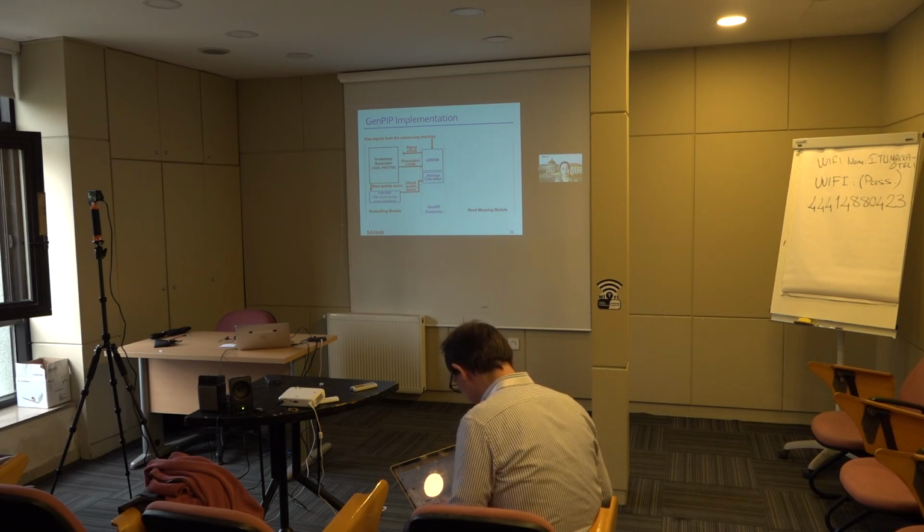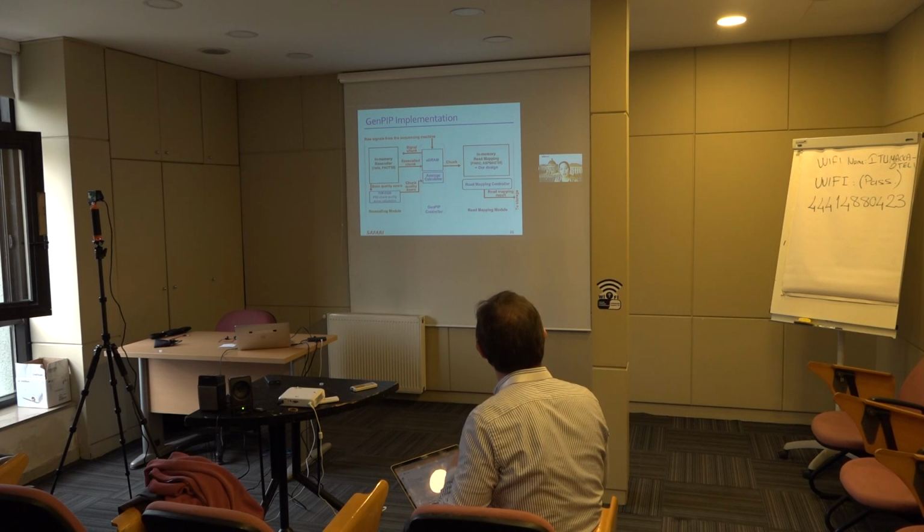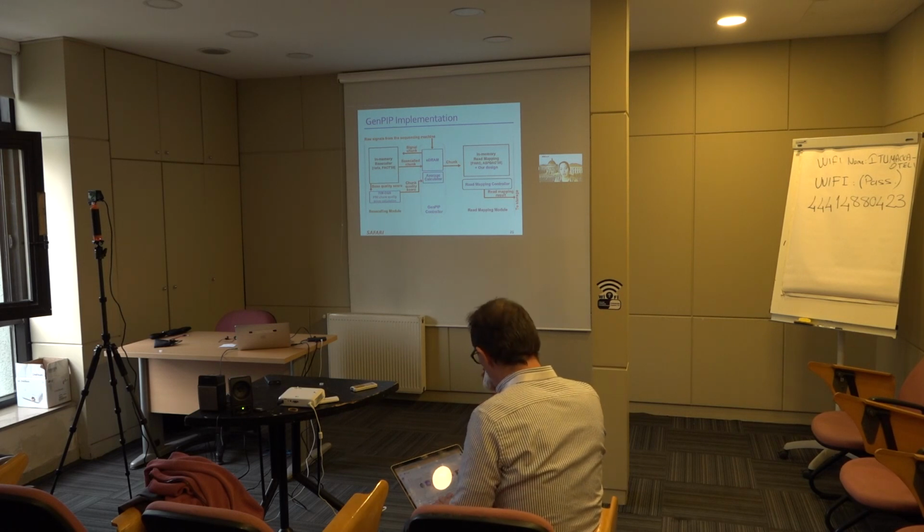Then we send the base quality chunk, the base called chunk along with the chunk quality score to the GenPIP controller. And after that, we send the chunk to the in-memory read mapping module. After we finish the read mapping, we send the mapping result to the storage.